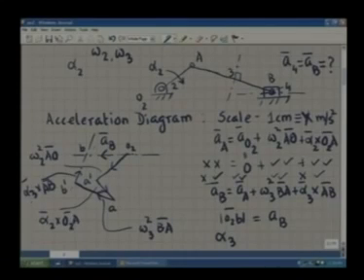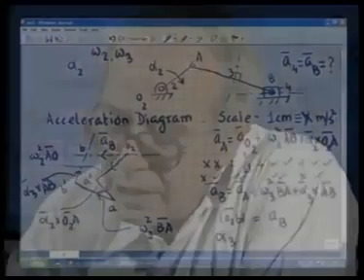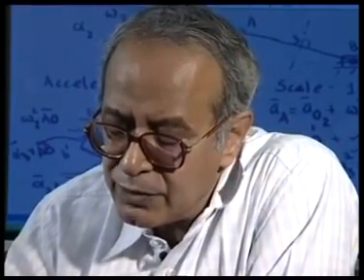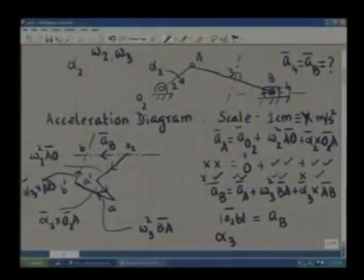If this diagram is correct, then what we find is that the tangential component of the acceleration of B with respect to A is perpendicular to AB, represented by B prime B, and that is in the upward direction, which means alpha 3 is counterclockwise. Then only the tangential component of acceleration of B with respect to A will be in this upward direction.